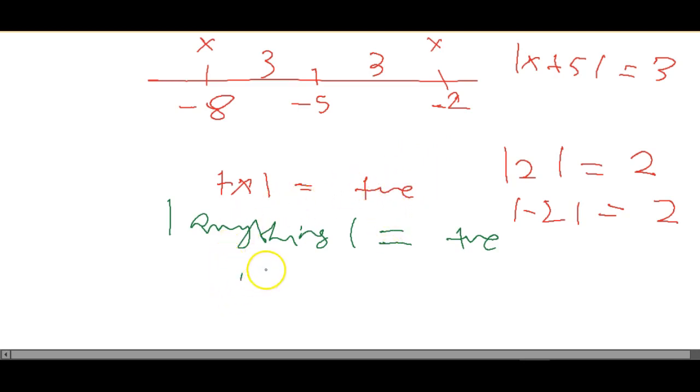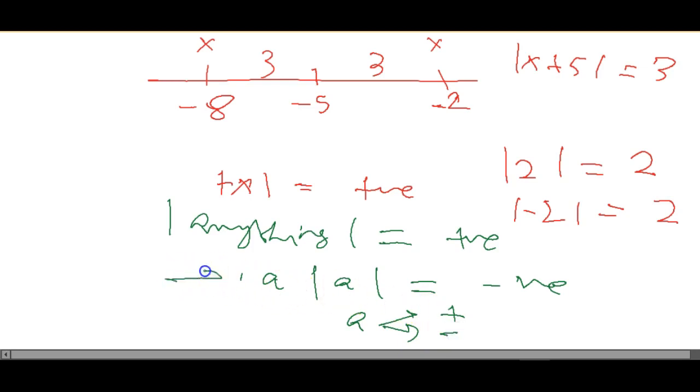Now it can be like if I am asking a question that a multiplied by mod a is negative, what is the sign of a? Now the sign of a can be a positive sign or it can be a negative sign.